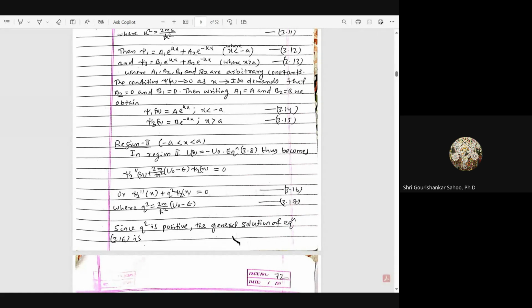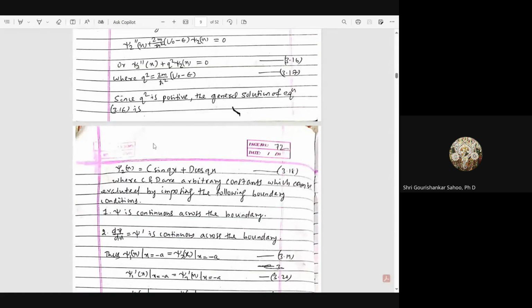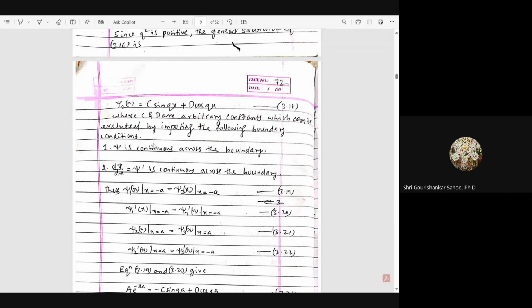Since q square is positive, the general solution is psi 2 is equal to C sin qx plus D cos qx, where C and D are arbitrary constants which can be evaluated by imposing the boundary conditions, that is, psi is continuous across the boundary and d psi by dx, that is psi dash, is continuous across the boundary.